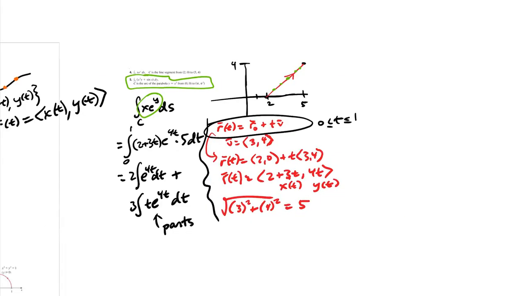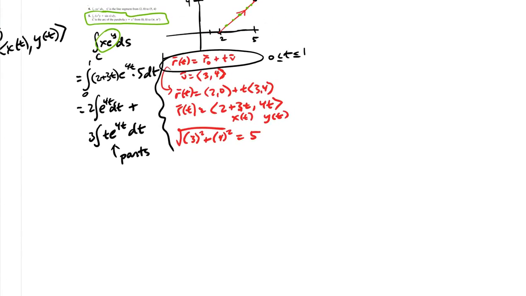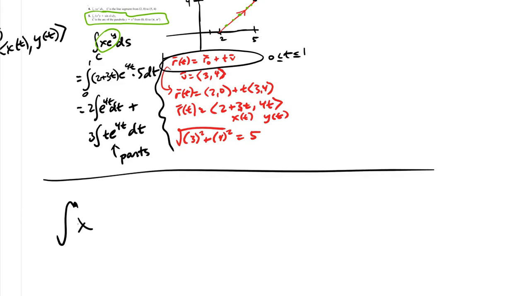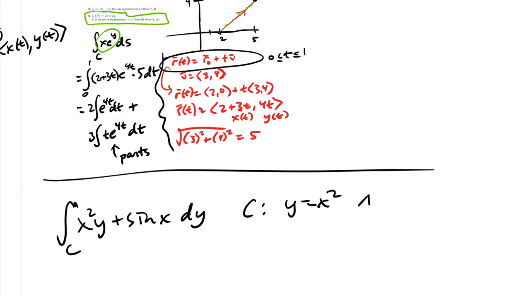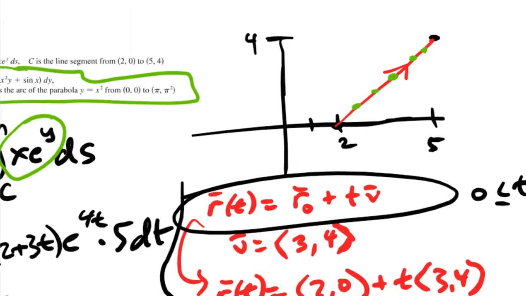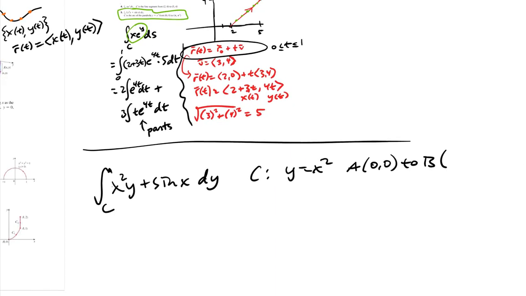It's the integral of (x squared y plus sine x) dy over c, and c is the arc of the parabola y equals x squared from, let's say, a is (0, 0) to b is (pi, pi squared). Yeah, that would have to be pi squared.